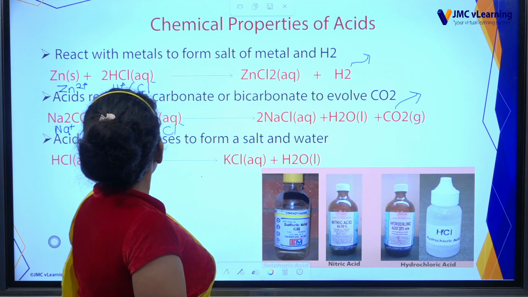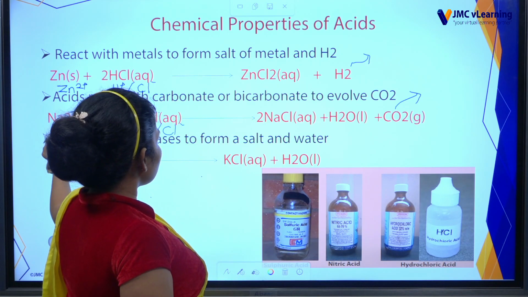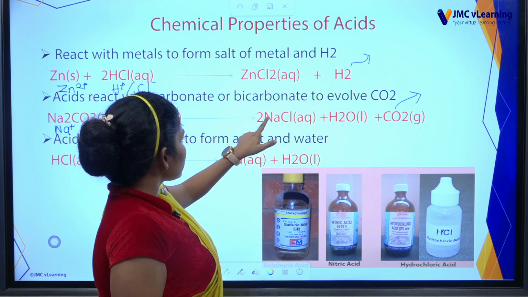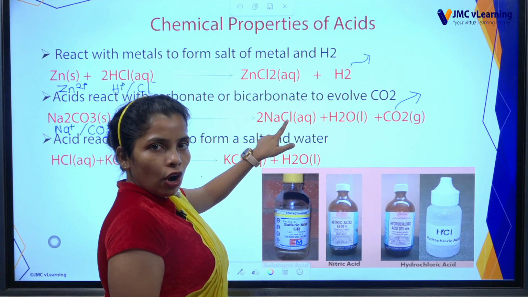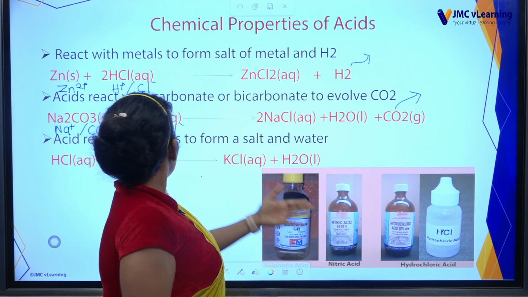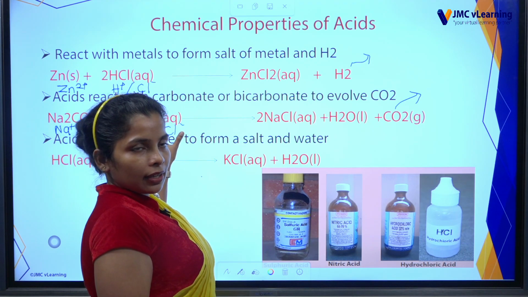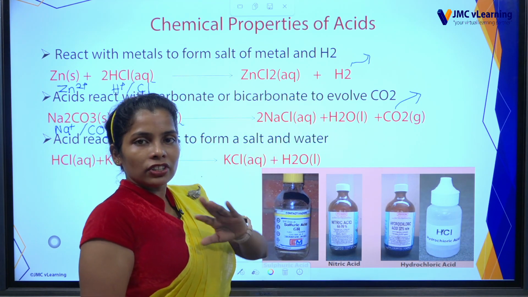Look at how many are there. Sodium is 2, so we add 2 here. If we add 2 here, then chlorine is also 2. Here is 1, so we put 2 here. Now the chemical equation is balanced.